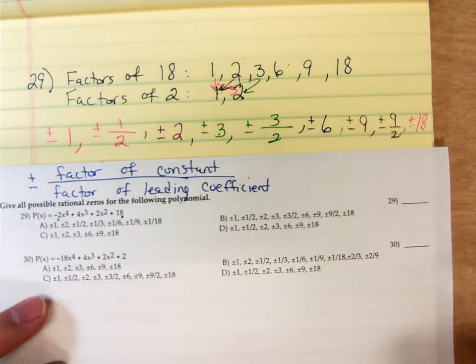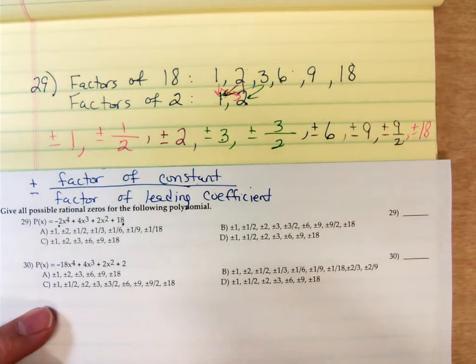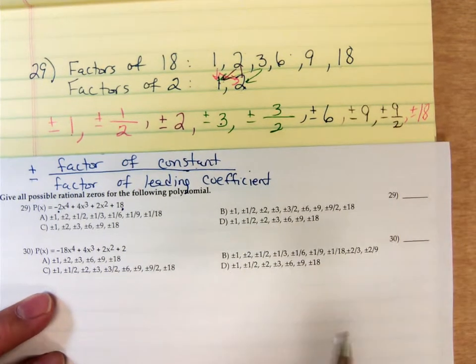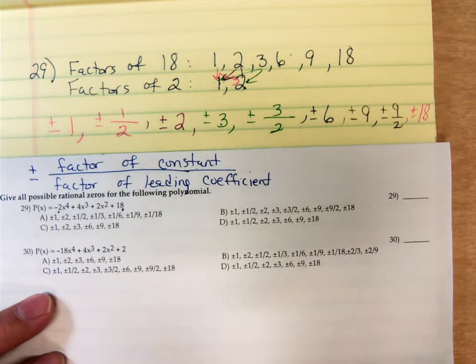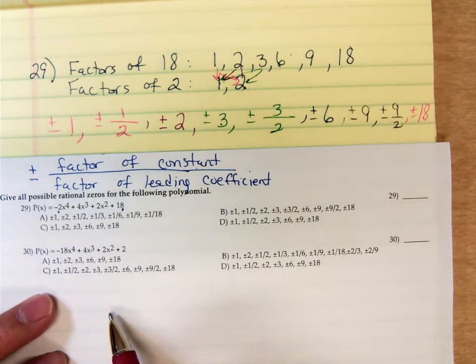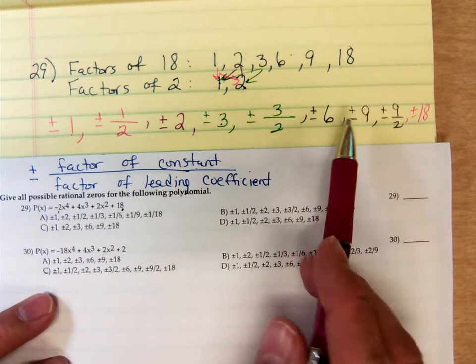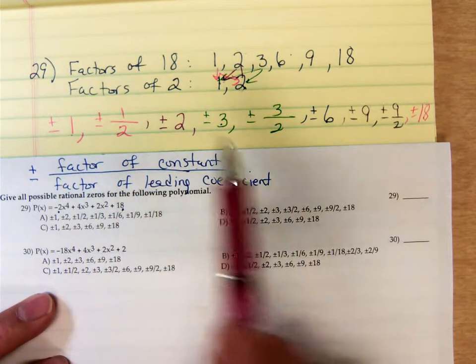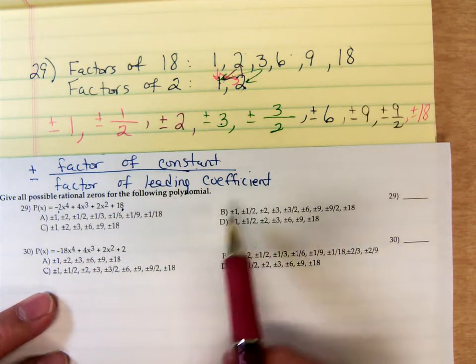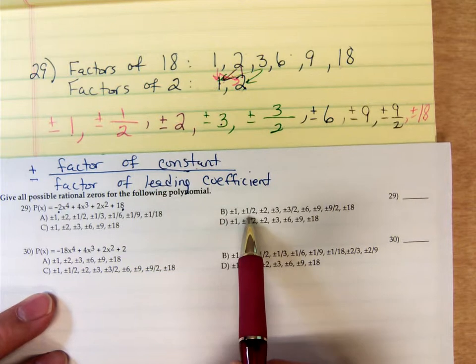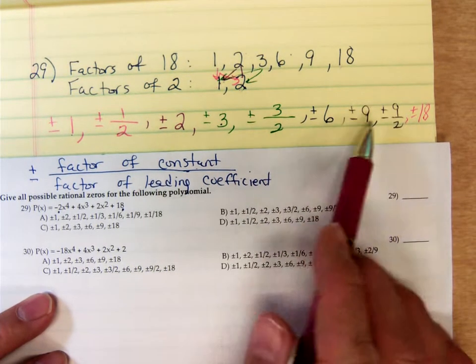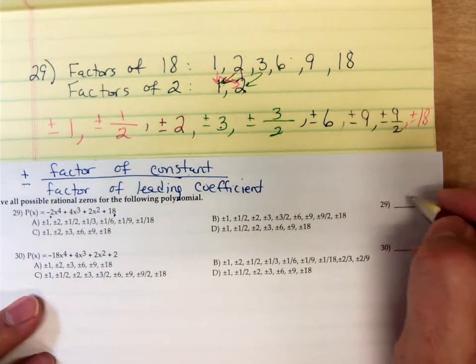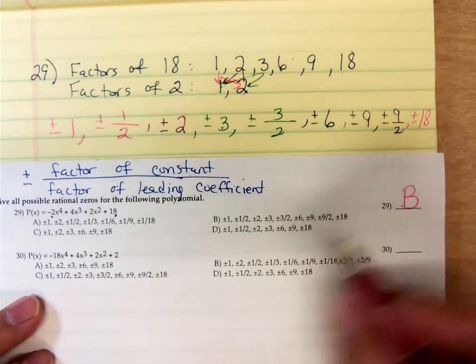Now let's look really closely. The order might not be what I have listed here. The order isn't important. Let's see. It's B, isn't it? And I think they do have it in the same order as I do. Doesn't have to be like that. The order that you list the numbers doesn't matter.